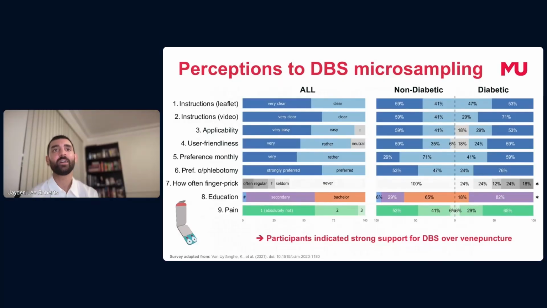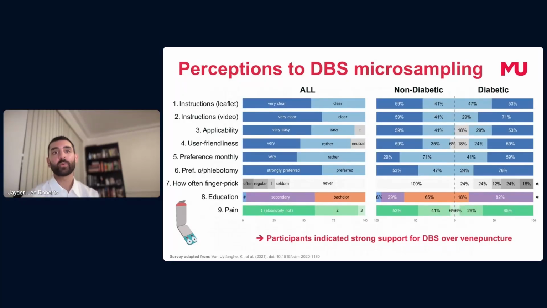Questions 7 to 8 here require selection from discrete options rather than a Likert scale, and uncontroversially, non-diabetic controls reported never performing finger pricks on average, and a small significant difference was also noted for highest level of education achieved between the two groups. Question 9 uses another Likert scale in order to assess pain from the lancet from 1 to 10. And here what we saw was that diabetics reported less pain on average out of 10 compared to non-diabetic controls.